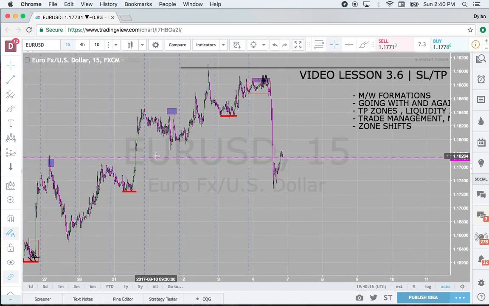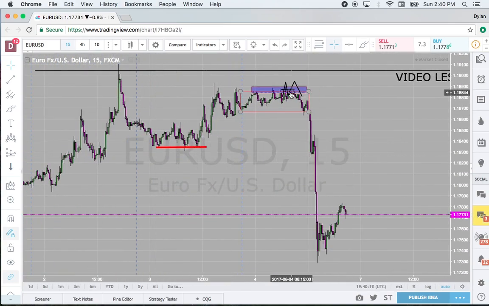Once the M or the W formation has been shifted out of its consolidation and it has shifted in its zone, place your stop loss into profit. You can feel safe with your stop loss at 50 pips. Voila, 50 pips. And then move your stop loss each 30 or each 50 pips.